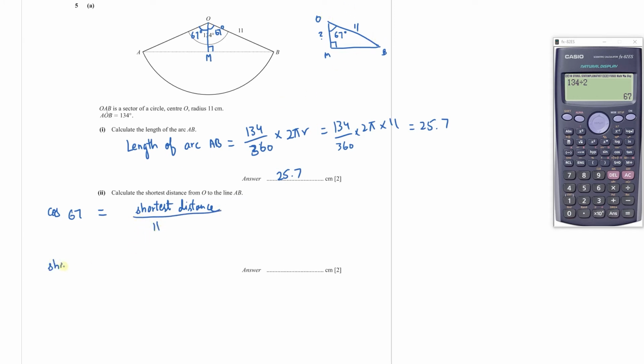So the shortest distance equals cos of 67 multiplied by 11. Again, I will write it up to 3 significant figures. So this will be rounded up to 4.30, and the units is centimeters. So 4.30 centimeters.